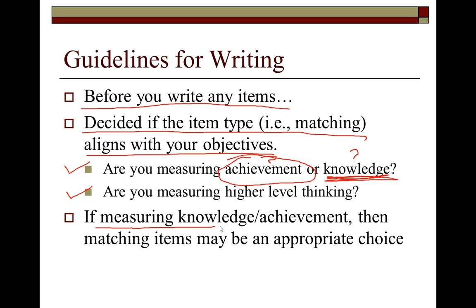So if you're measuring knowledge and achievement, our first bullet point, then matching items might be appropriate for us. We're not worried about the higher level thinking, and so we can go with that lower level type of approach.